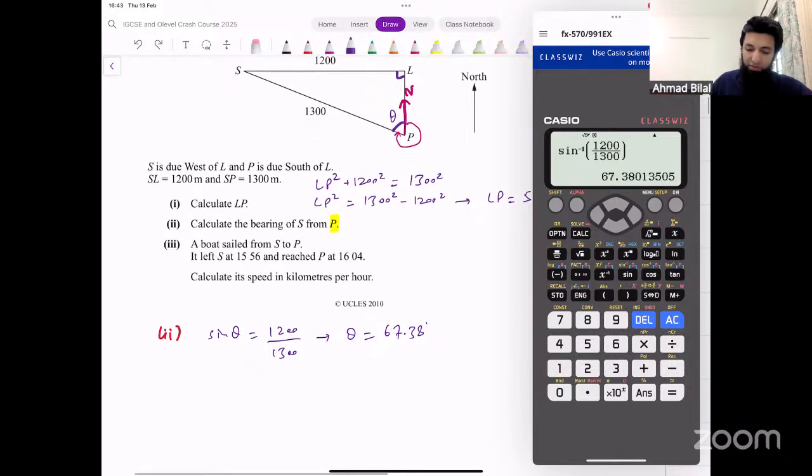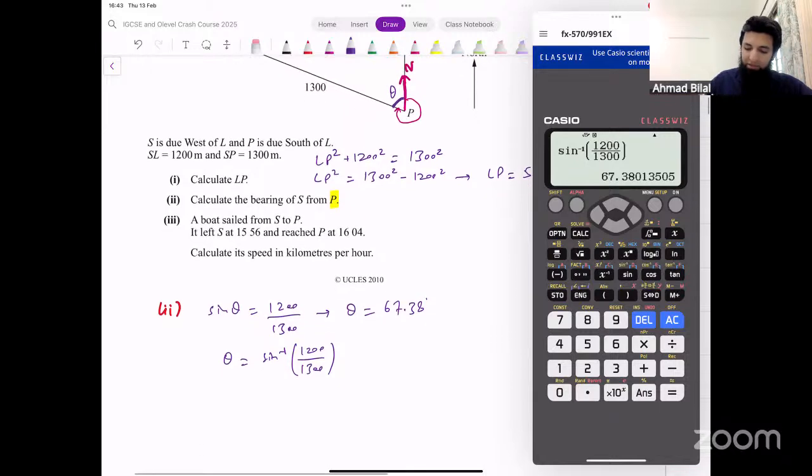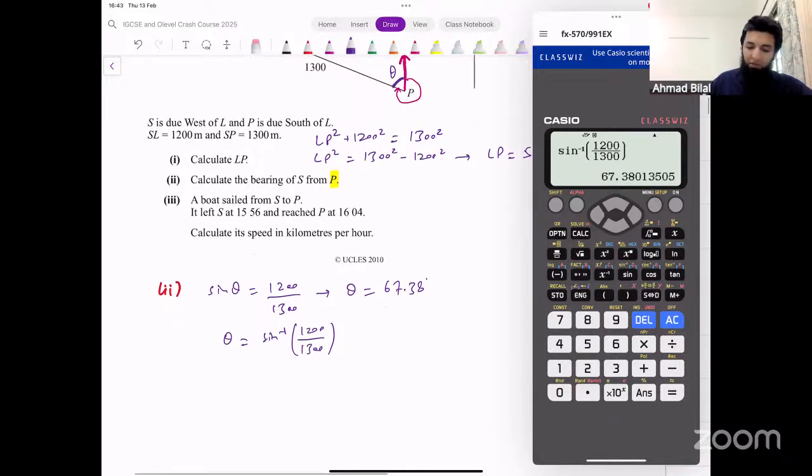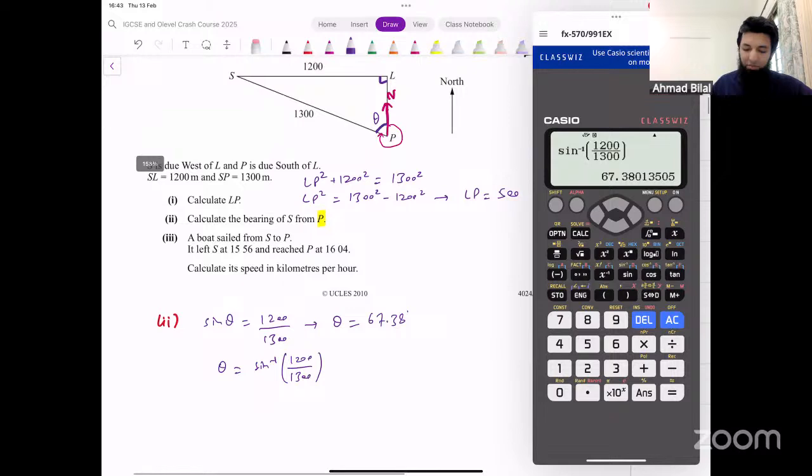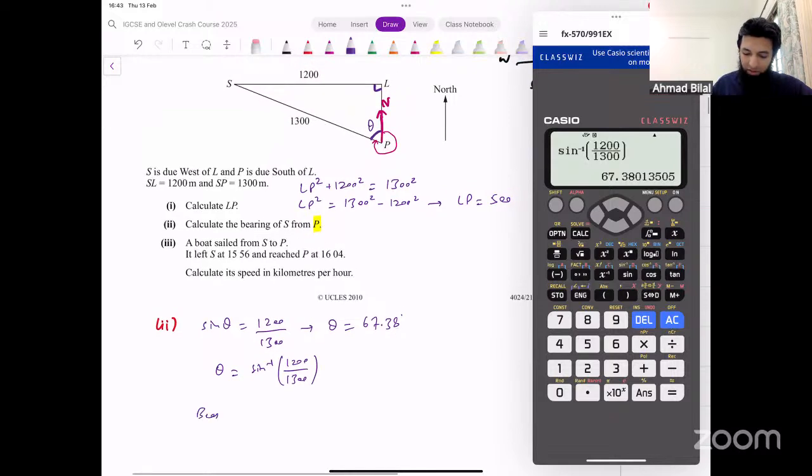We have to just show one more step here in case anyone gets confused. So I'm doing sine inverse of 1200 over 1300, or essentially just 12 over 13, right? This is the value of theta that I get from that. Now, once I have this value of theta, what's the bearing of S from P?